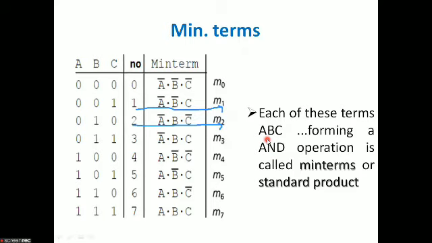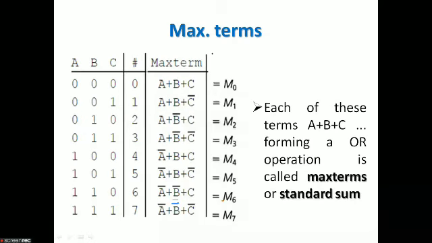Next is the max terms. These min terms and max terms are very important for deriving the K-map, which we will be studying in later lectures. Now, max terms. Again, there are 3 variables. This is the decimal number that has been represented in 3 bits. And this is the max term.